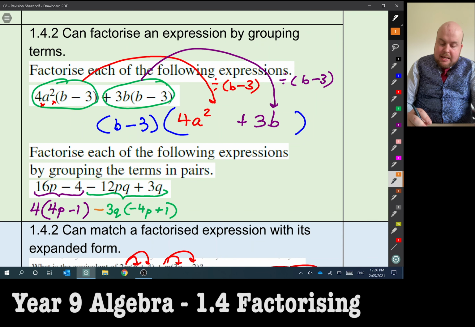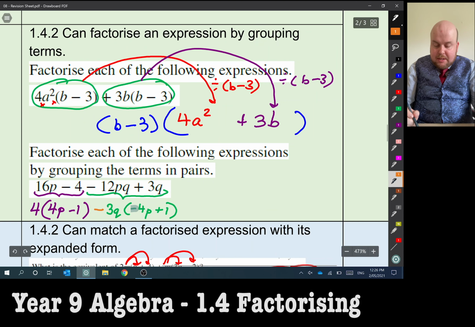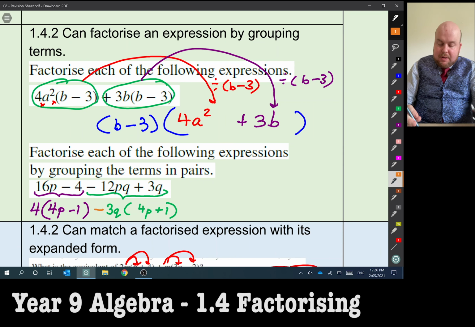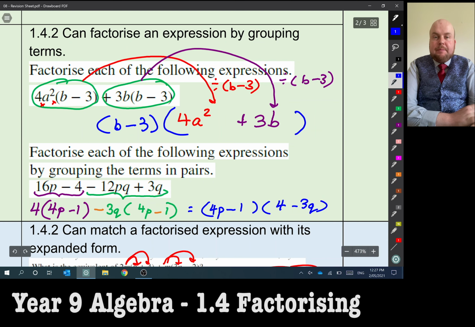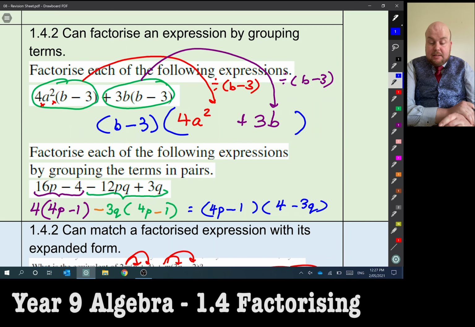Then negative 12PQ divided by negative 3Q is positive 4P, and positive 3Q divided by negative 3Q makes that negative 1. So now my answer will be 4P minus 1, and in the other bracket 4 minus 3Q. So a way to check that you're doing this correctly is to make sure that the 2 brackets there are identical.